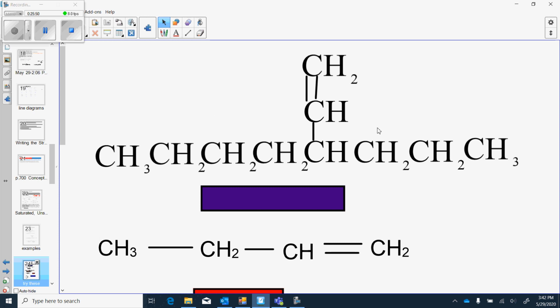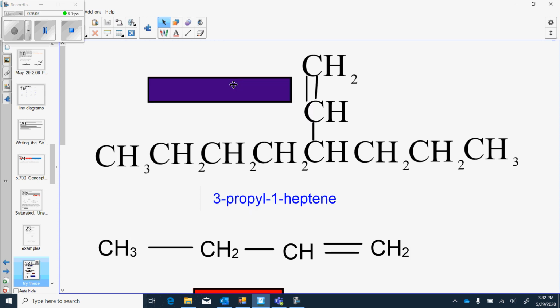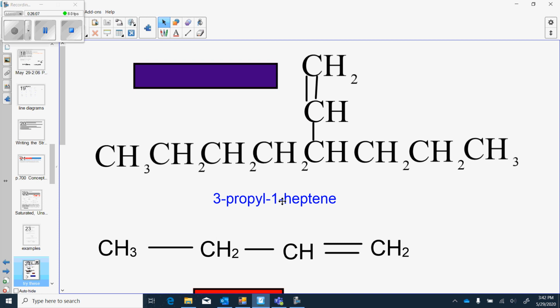So 1, 2, 3. 3-propyl, right, off of the 3rd carbon. 3-propyl, 1-heptene, because there's only 1 bond. Okay? 3-propyl-1-heptene. You can see your hyphens between numbers and letters. Okay? And there's more there you can practice with.